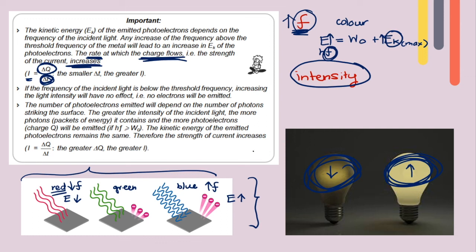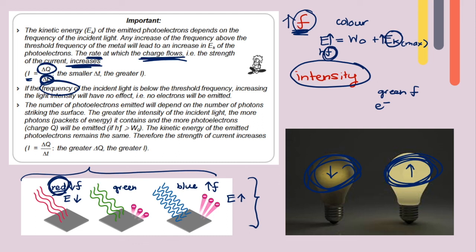Now, sometimes you may increase the frequency of the light. So let's say, for example, we have an electron, and this electron needs light of green frequency or higher. Okay. But you go and you shine red light on this electron.